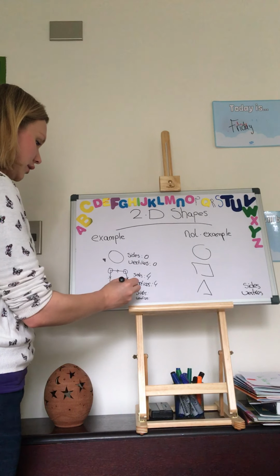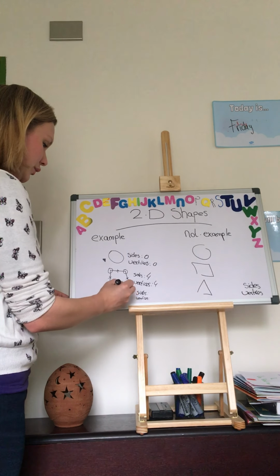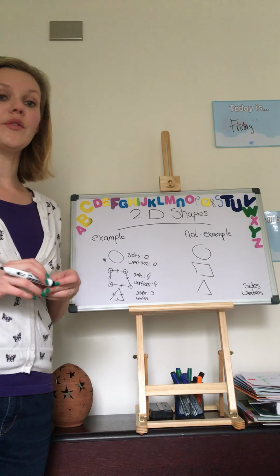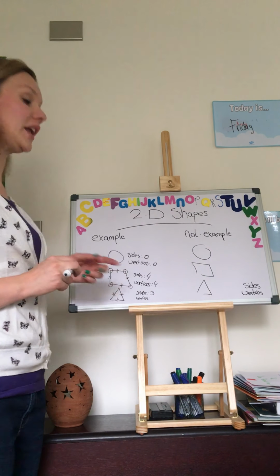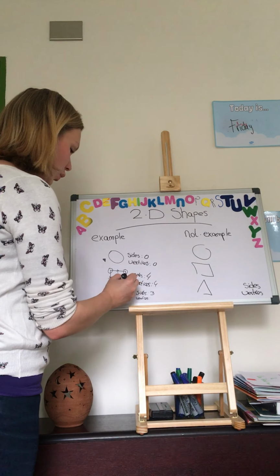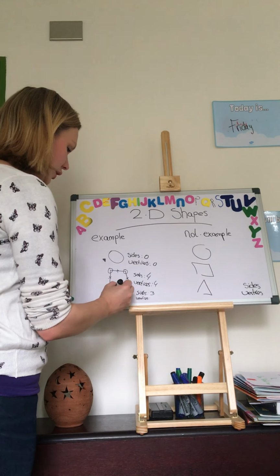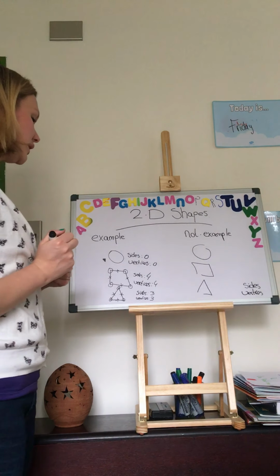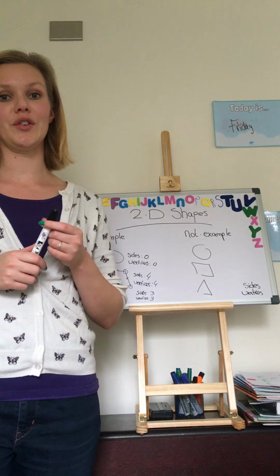Let's see. 1, 2, 3. Okay. And how many corners? How many vertices? We can count them as well, yeah? 1, 2, 3. So, 3 sides and 3 vertices.